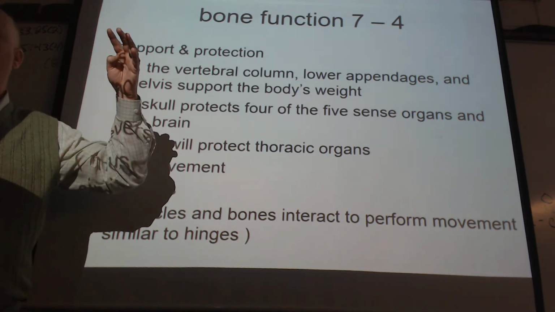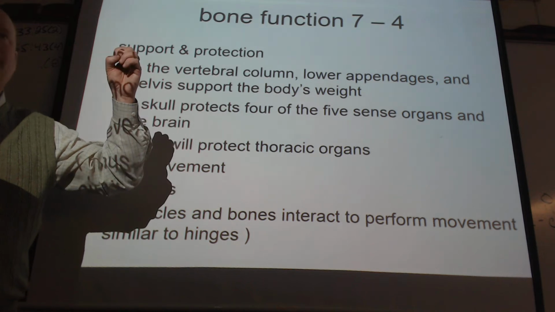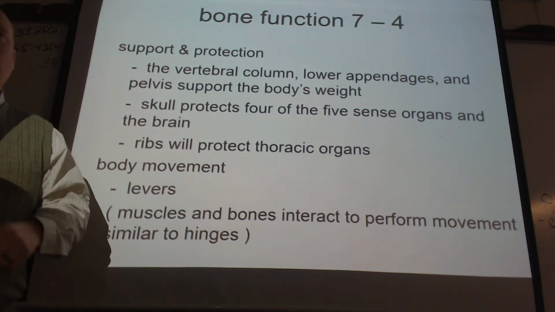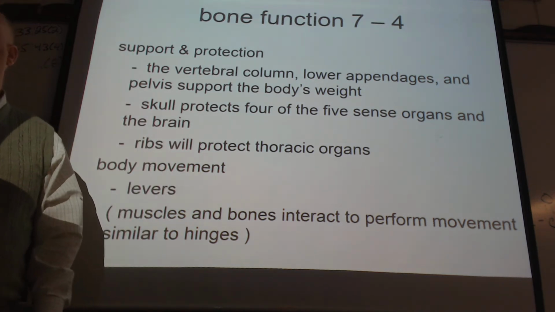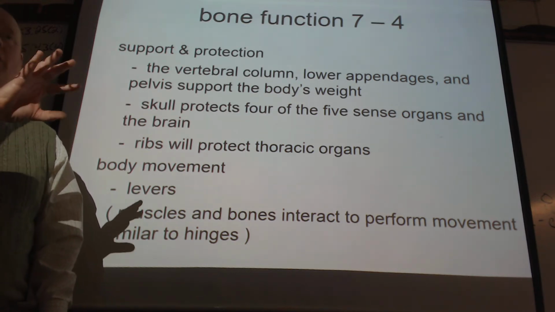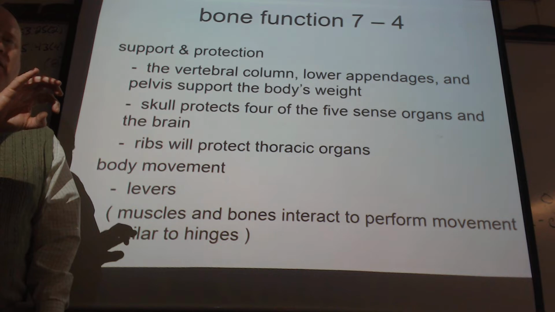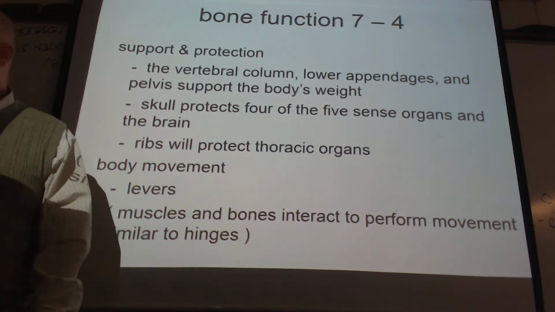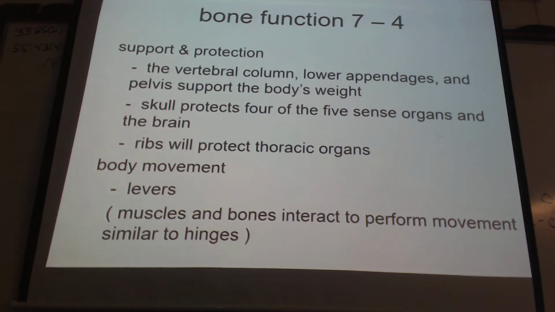That's 4, so the fifth one: how do you know something is cold? The majority of those nerve endings are in your hands, fingers, and toes, which is not part of the protection in the skull.